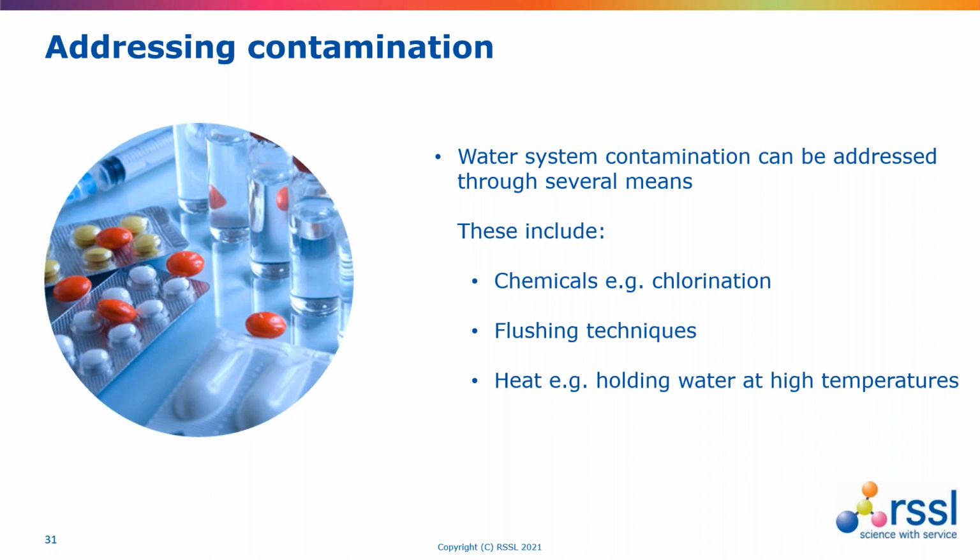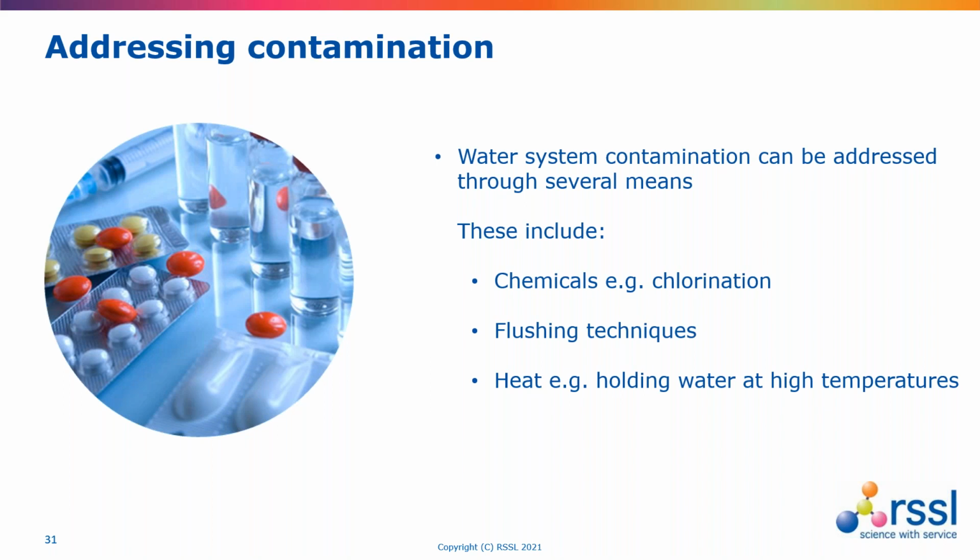The choice of method partly depends upon the root cause of the microbial contamination, the source of the problem, what quality of water we're using, and what our desired microbial control level is. There is the use of chemicals such as chlorine, or ozone and hydrogen peroxide, as we mentioned.